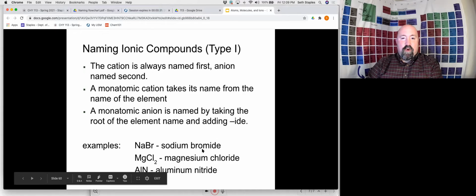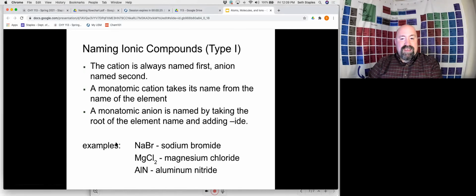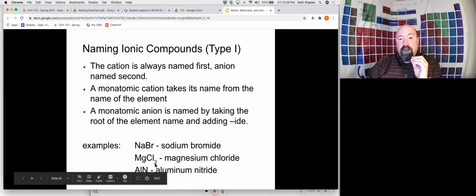Instead of bromine, it's bromide. And so NaBr, the actual name of that compound, is sodium bromide. MgCl2, magnesium chloride. AlN, aluminum nitride.